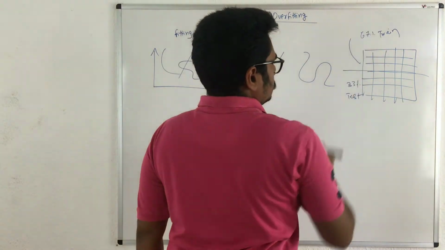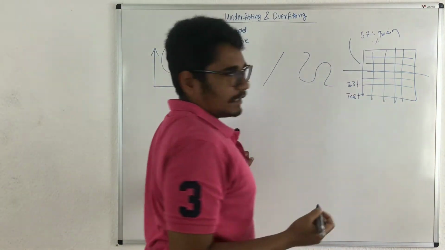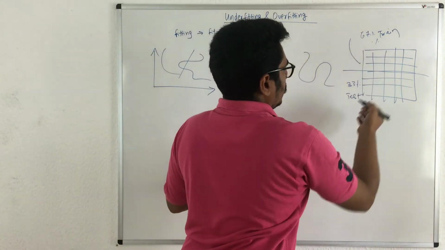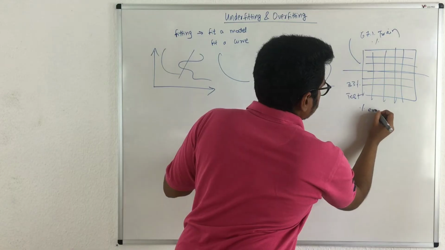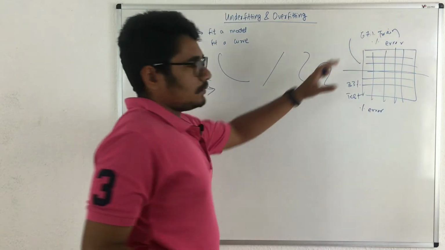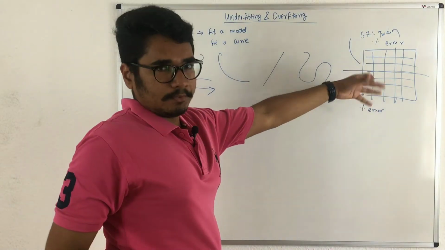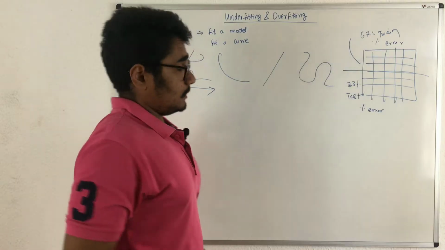In this process you will get some kind of error. That percentage error you mark and keep aside, and here also you will get some percentage error. So these are 2 errors you get when you train your model: a training error as well as a test error.